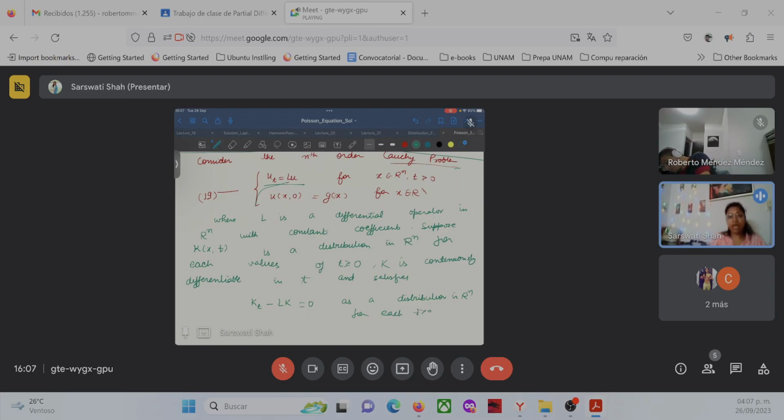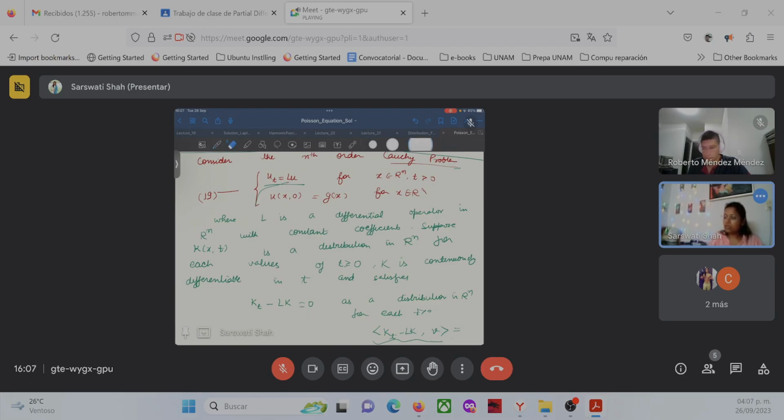As a distribution in Rn means that when we take its distribution with respect to any compact support, there will be a test function v which vanishes on the boundary of Rn and which is continuously differentiable in the domain Rn, and we may define this.